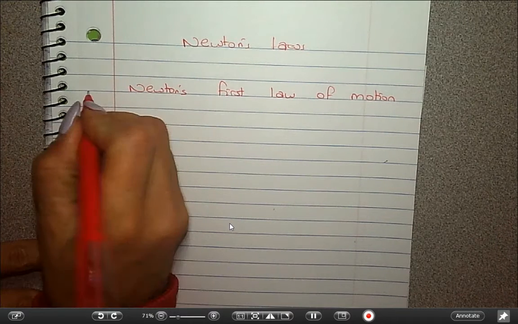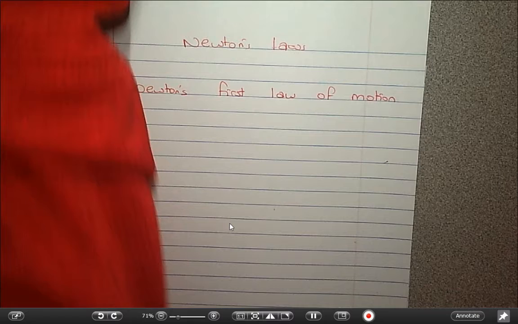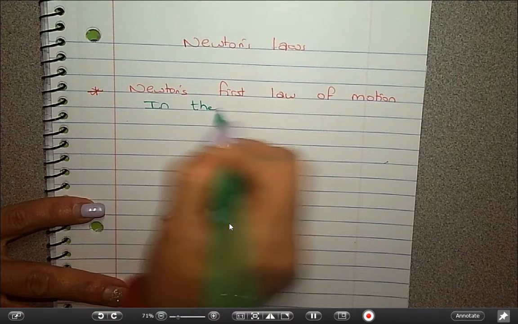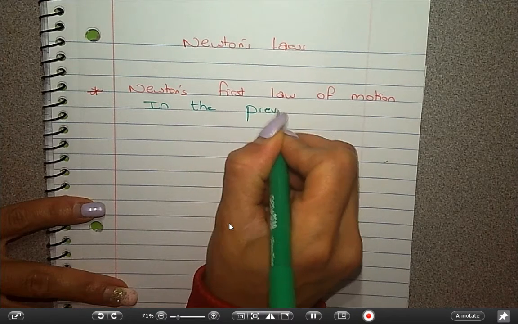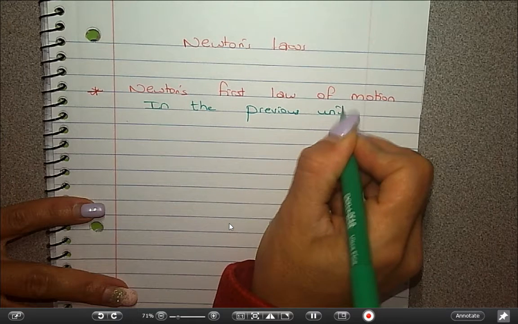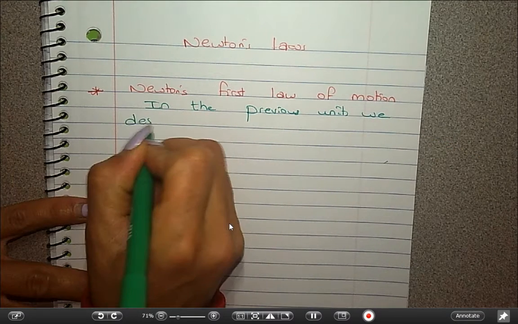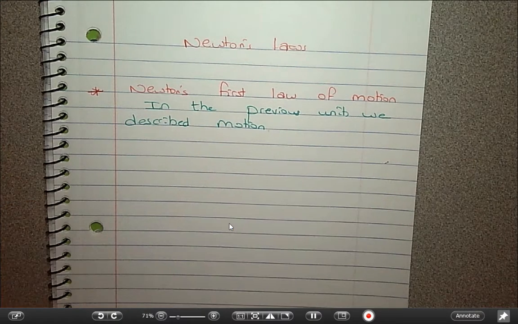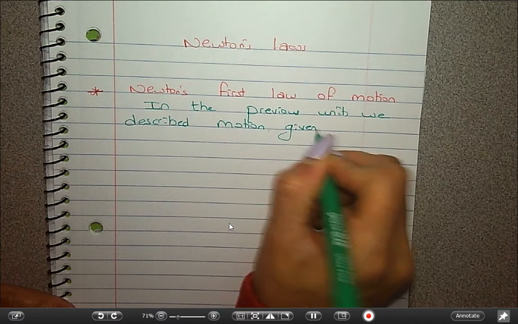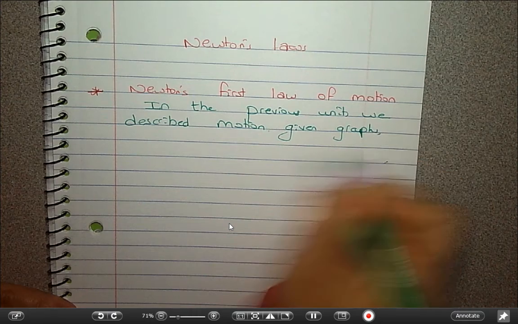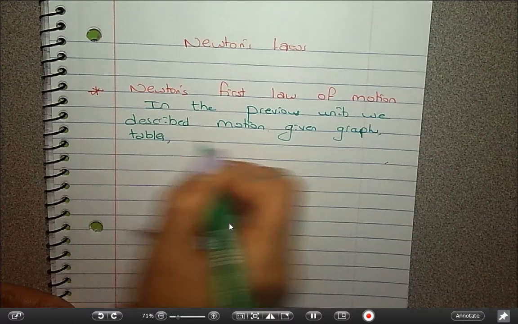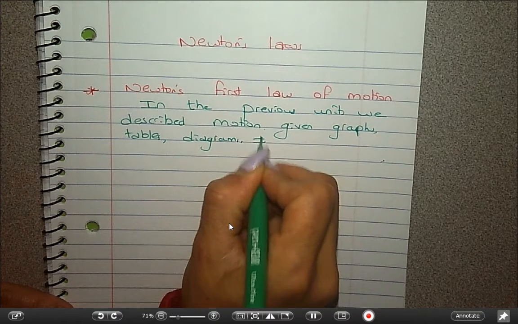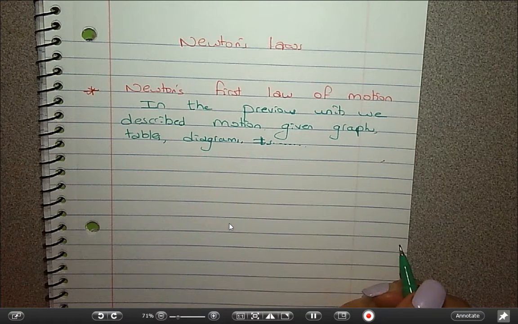So in the previous unit, we described motion, given graphs, tables, diagrams, numbers, and all that stuff, all right?